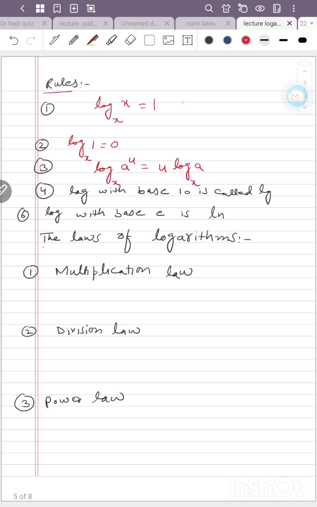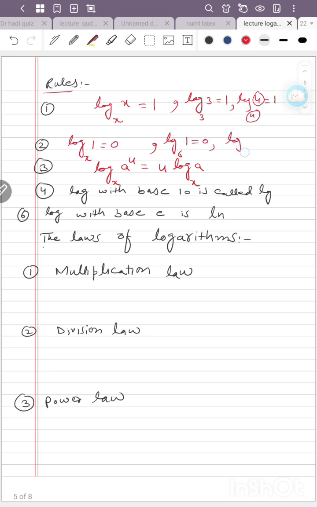Similarly, if you have log base 3 of 3, the answer will be 1. If you have log base 4 of 4, the answer will be 1, because the base and argument are the same. Next, if the base is 6 and the argument is 1, the answer will be 0.